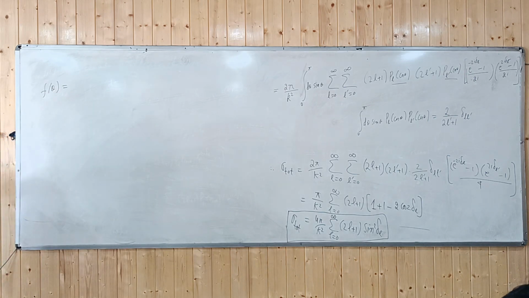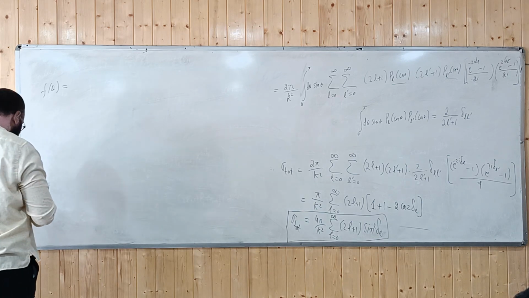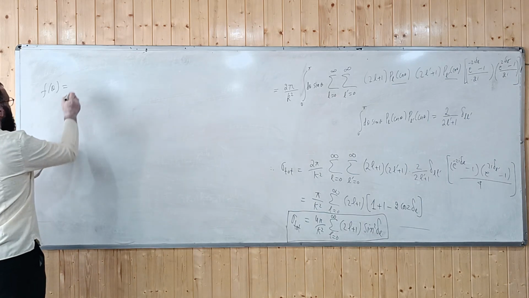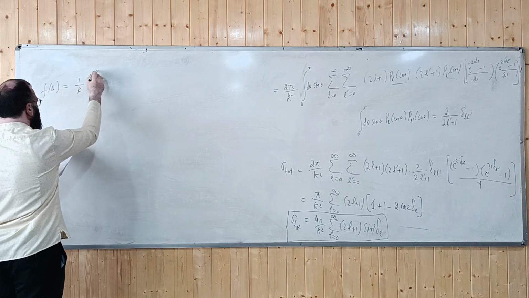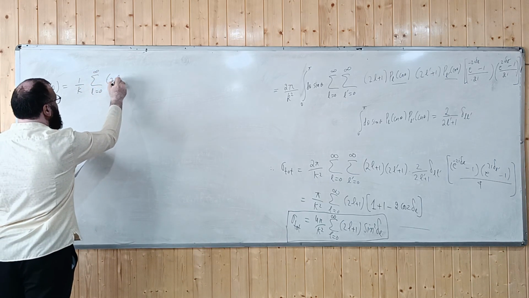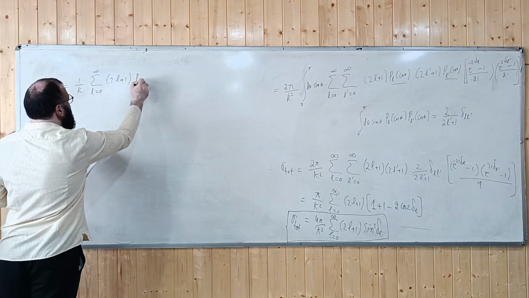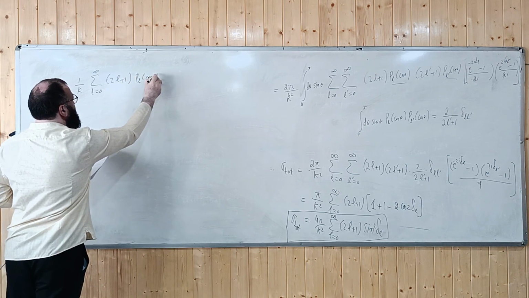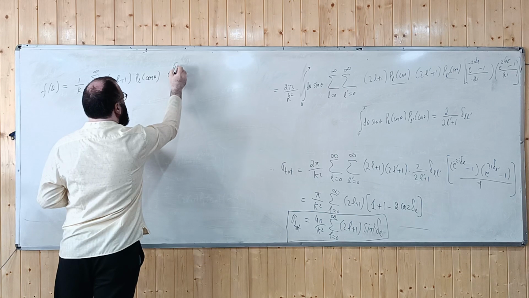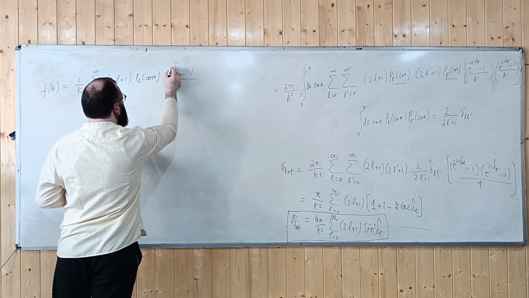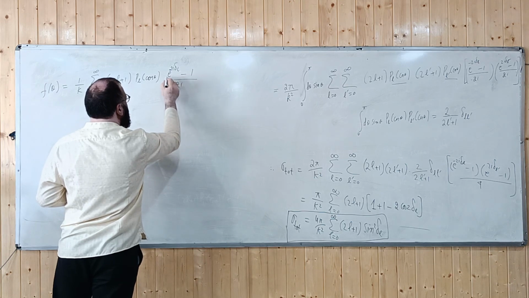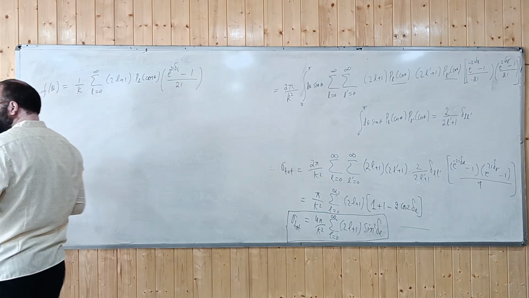We wrote it, because it's independent of phi, as 1 by k summation of L equal to 0 to infinity, 2L plus 1 P_L cosine theta, and e raised to the power i delta L minus 1 divided by 2i. So it is twice. Okay? So this is our f of theta.